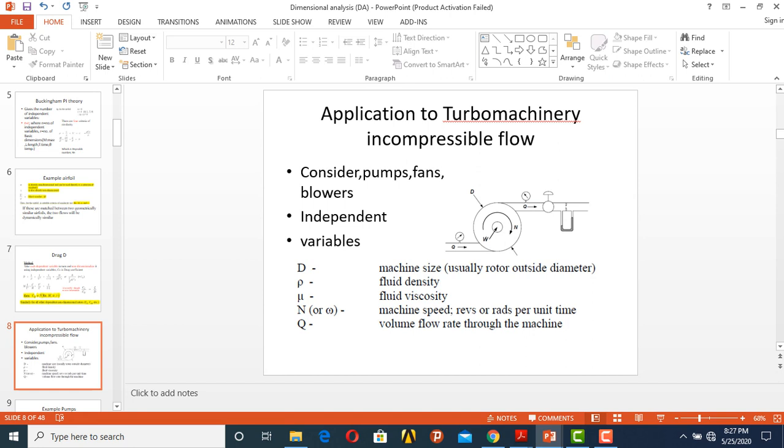There are independent variables which we look at, which comprise the diameter of the machine, the density of the fluid, the viscosity of the fluid, as well as the speed of this machine. We also include the flow rate of the machine.